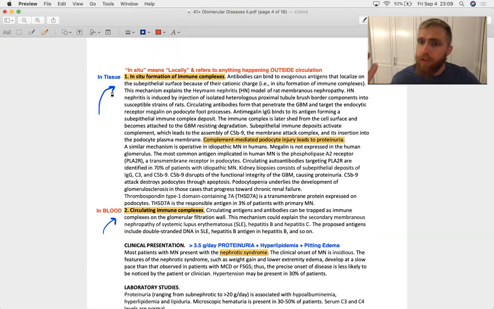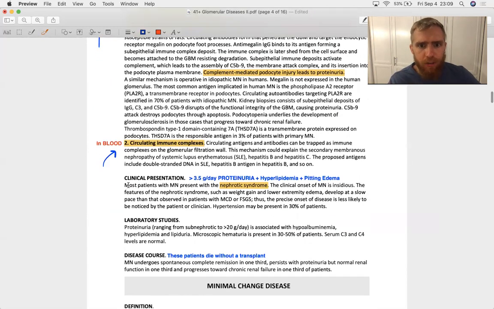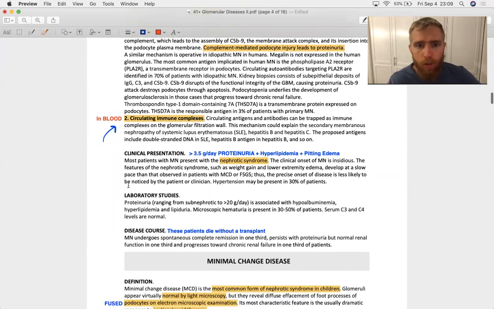Podocytes are responsible for producing the glomerular basement membrane. So when you damage them, you get a proteinuria because the membrane becomes really, really permeable. So that's the gist of it. It's a type 3 hypersensitivity and it activates complement. That's really what they want you to know.